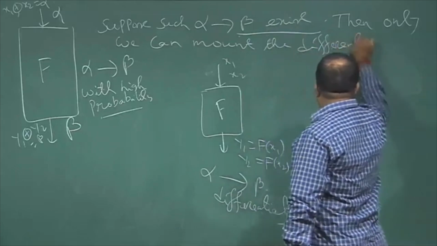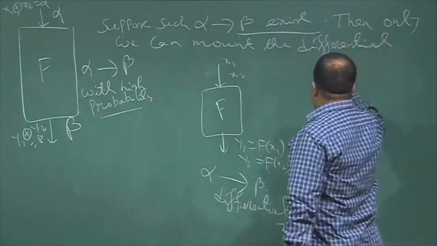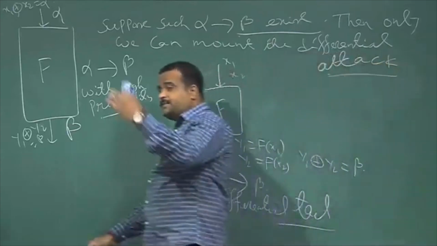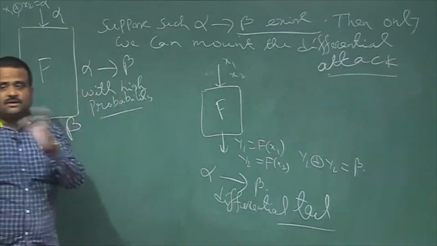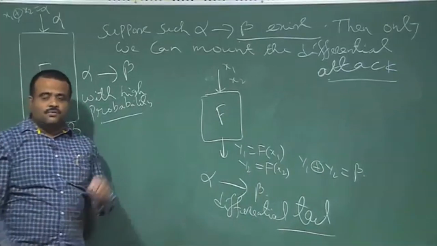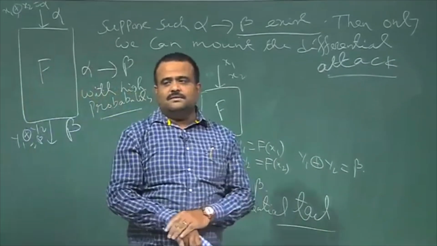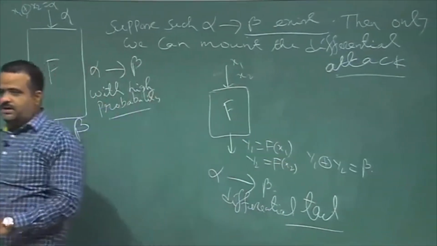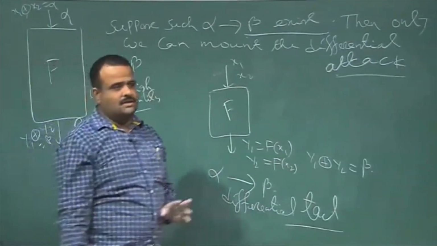How to attack? We will come to that. If such alpha beta exists, otherwise we cannot have the differential attack. If there is no such alpha beta with high probability, if we cannot find alpha beta, then sorry boss, this cipher is secure under differential cryptanalysis.